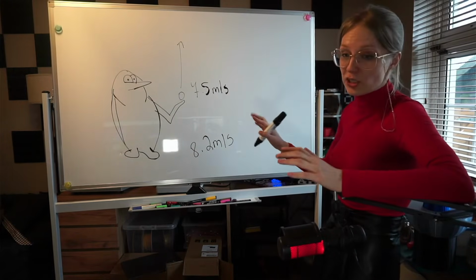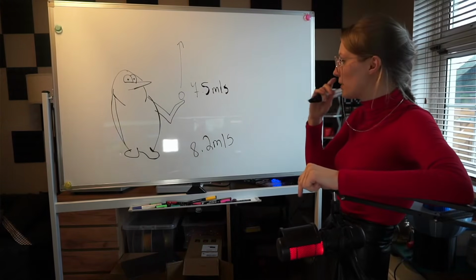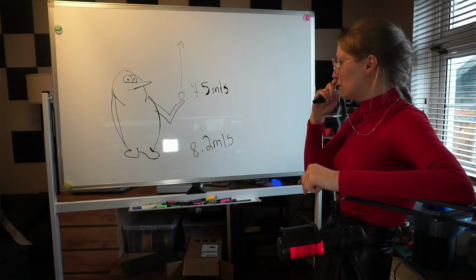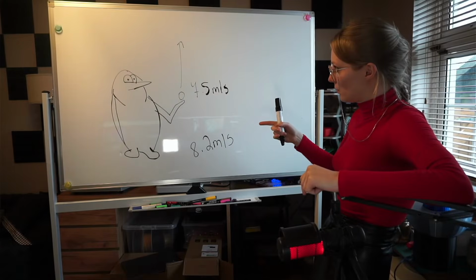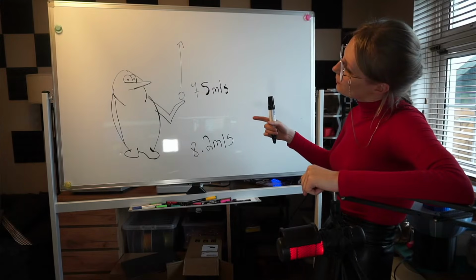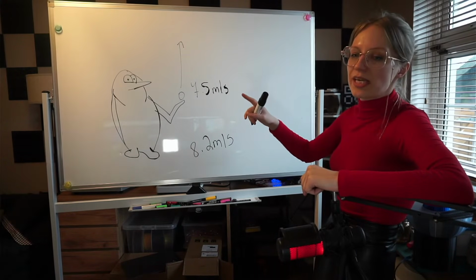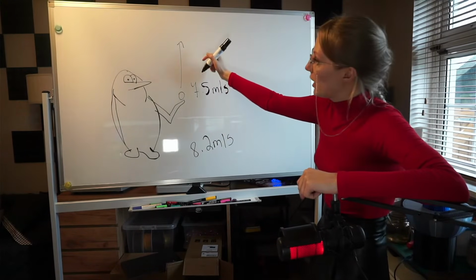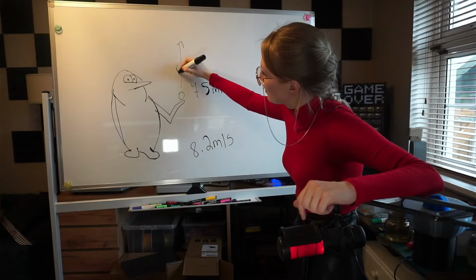Ooh, I actually don't know if I can solve this. Okay, here's a statement then. Assume that when I launch the pebble, it launches from the top of his head.